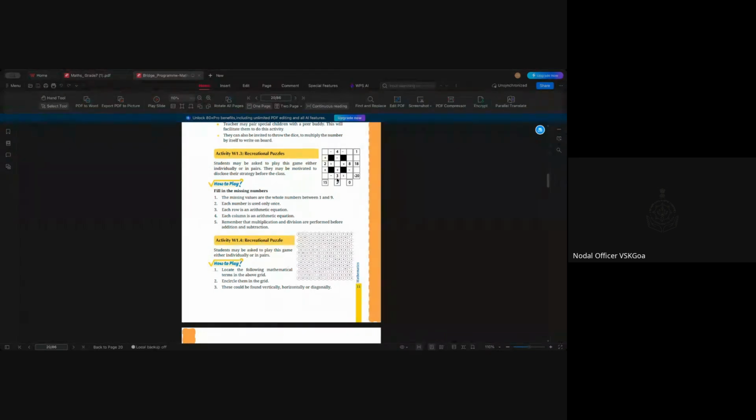So except 2, 4, 3 and 8, I have to use the remaining numbers. So if I put 6 over here, 6 minus 4 becomes 2, and 2 minus which number I put there, I will get 1 as answer. Please give me the answer in the chat box.